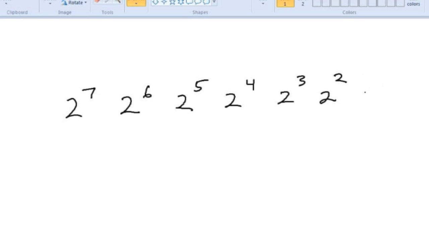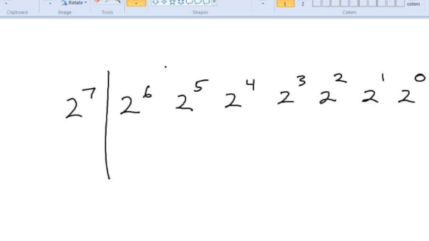So I go to my scratch paper, and I go 2 raised to the 7th, 2 raised to the 6th, 2 raised to the 5th, 2 raised to the 4th, 2 raised to the 3rd, 2 raised to the 2nd, 2 raised to the 1st, and 2 raised to the 0.